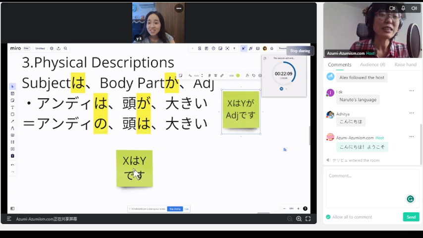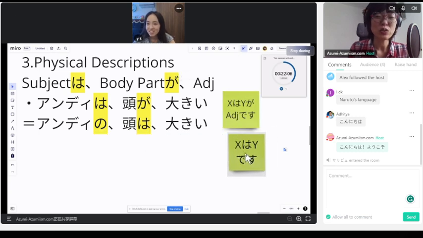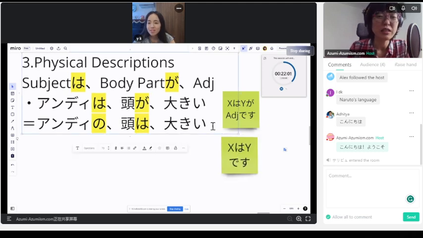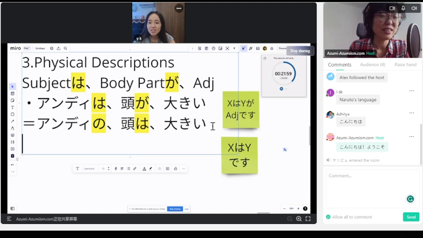Genki presented this section as discussing body parts, like physical description. However, it's really common, and it isn't limited to physical description at all.